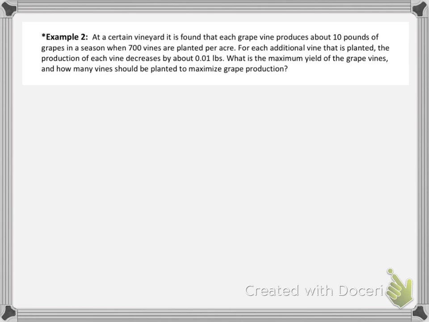So in this case, I'm going to make X the increase in vines planted. And I know there's no price or quantity here, but the formulas end up being exactly the same. It's just a different situation.